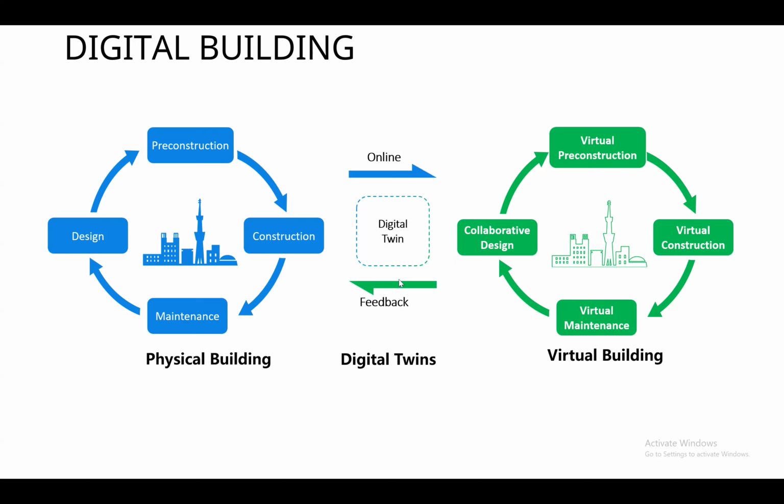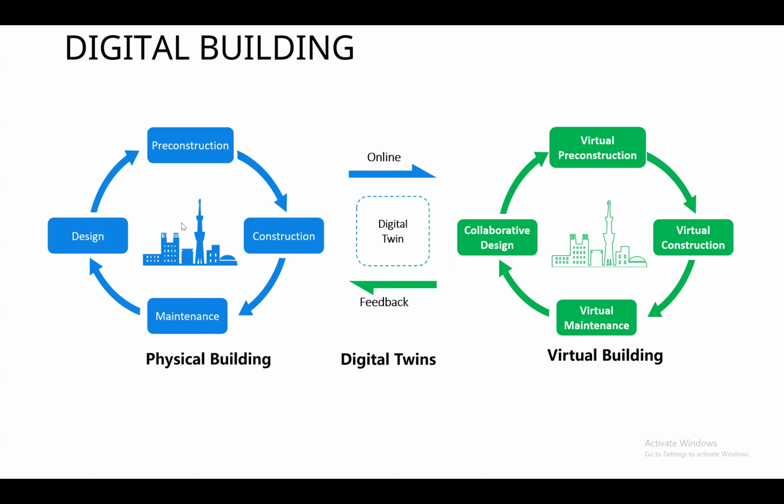If we put some scanners and devices in this physical building, we can get some information from it. Then we can feed it into our digital building, analyze that information in the digital building, and feed back to our physical building.